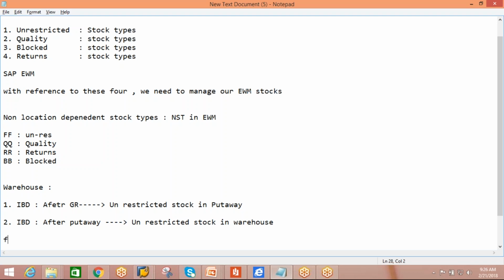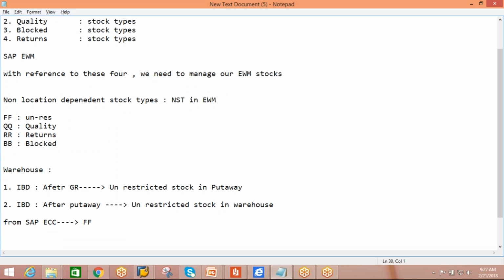Means if we see these two statements, from SAP ECC we are getting FF, unrestricted stock.